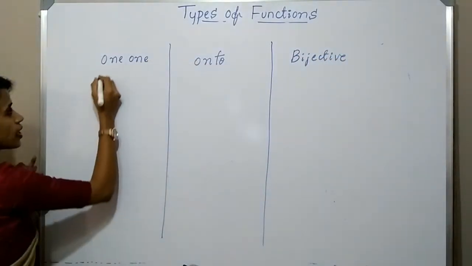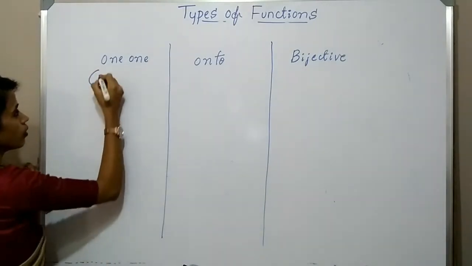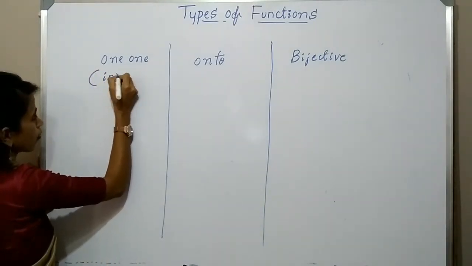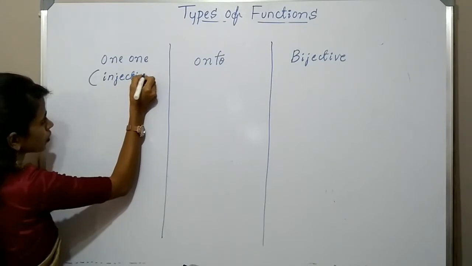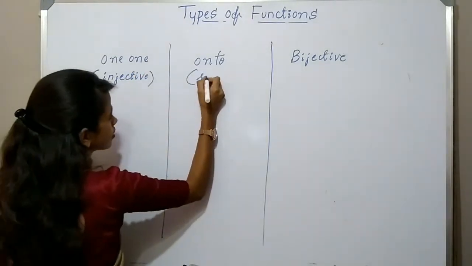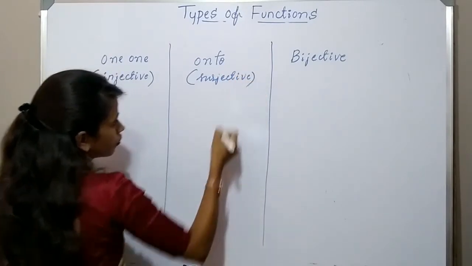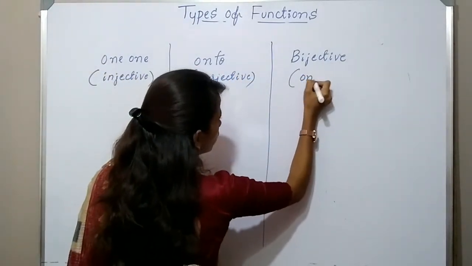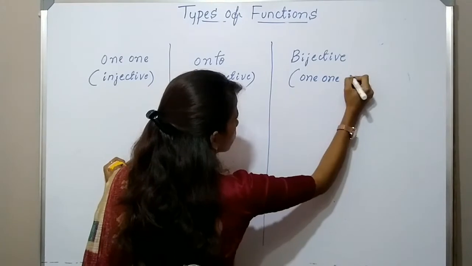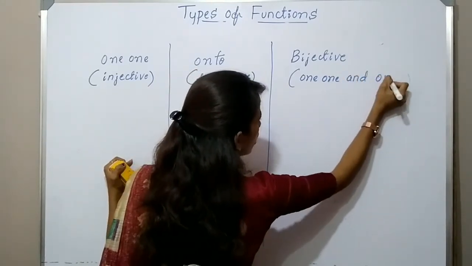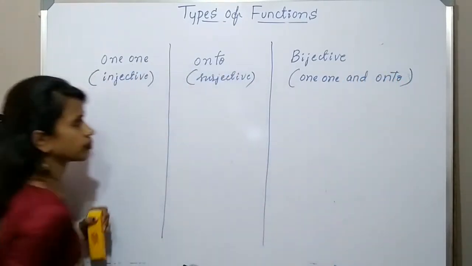So what is another name of OneOne function? Another name for OneOne is injective. For OneTwo it is surjective. For bijective, it means OneOne and OneTwo function. Okay.